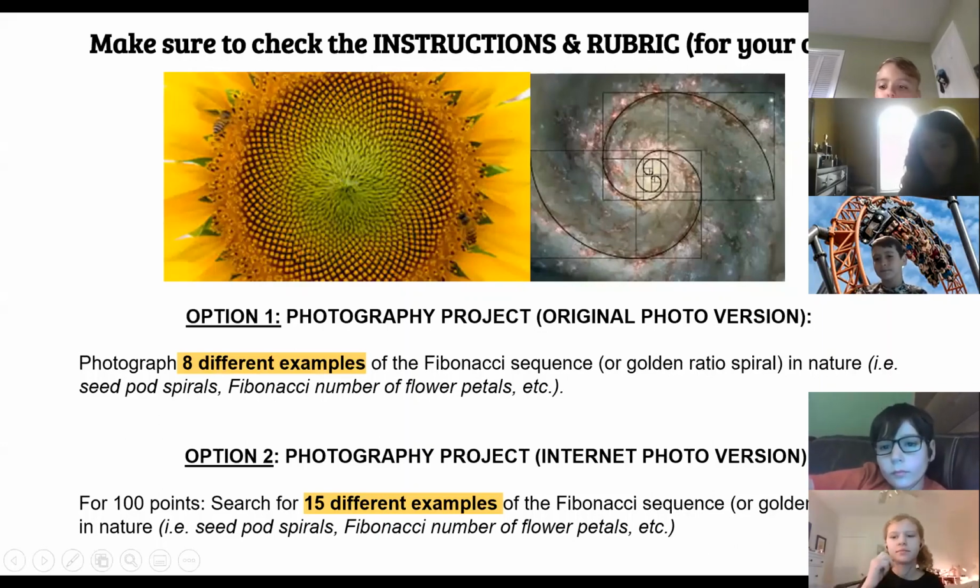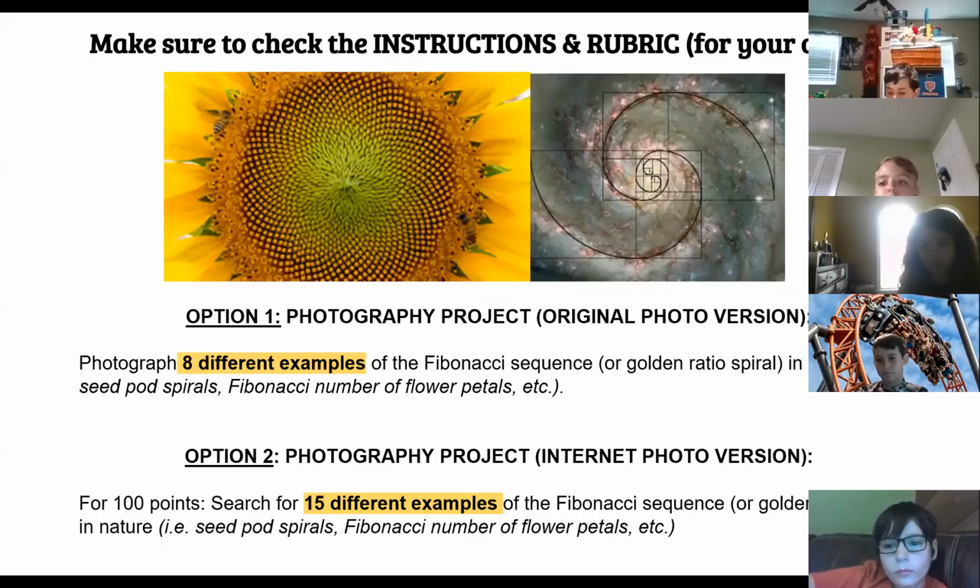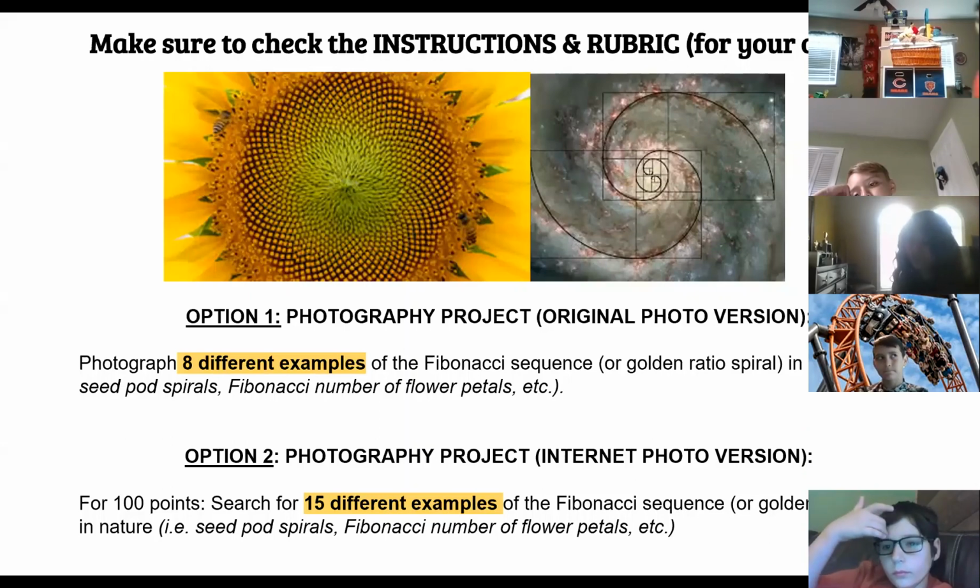Kaida, what's your question? Yeah, so the golden spiral is where it fits in the rectangle, right? And it has the spiral, and if I was doing a flower, I'd do the Fibonacci number of petals, right? Correct, exactly. It's a specific spiral, the one that's really tight in the center and then gets larger as it spirals out, like in that galaxy pictured here.